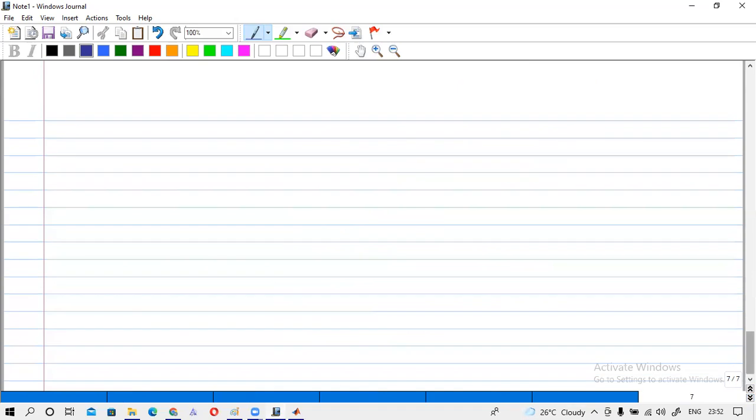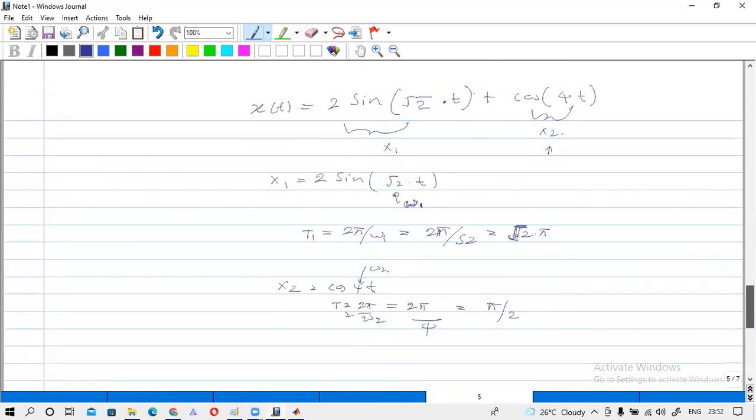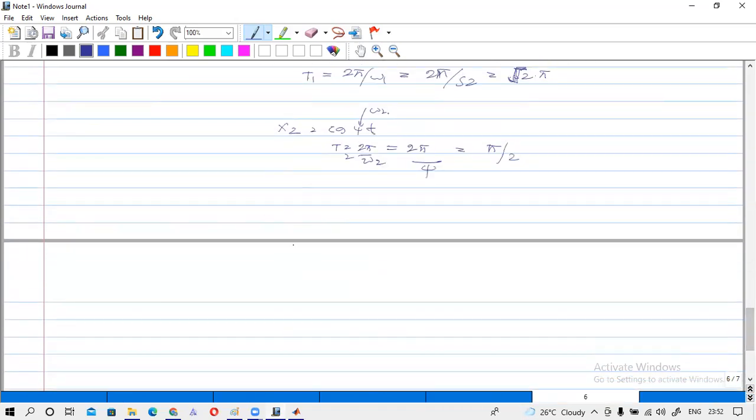If you get the ratio of this T1 and T2, T1 is root 2 pi and T2 is pi by 2.